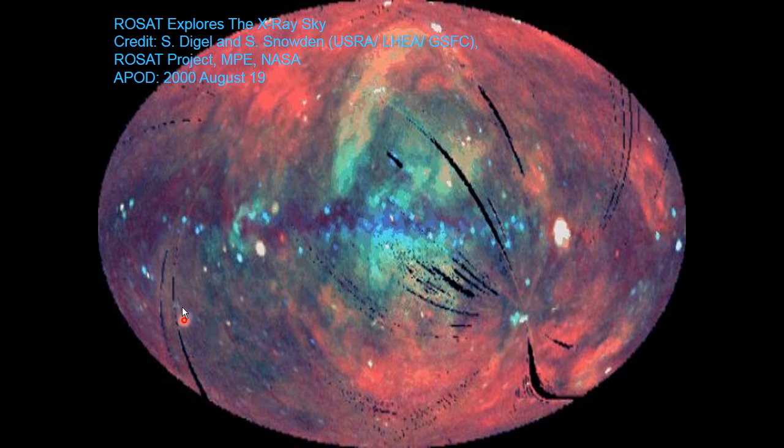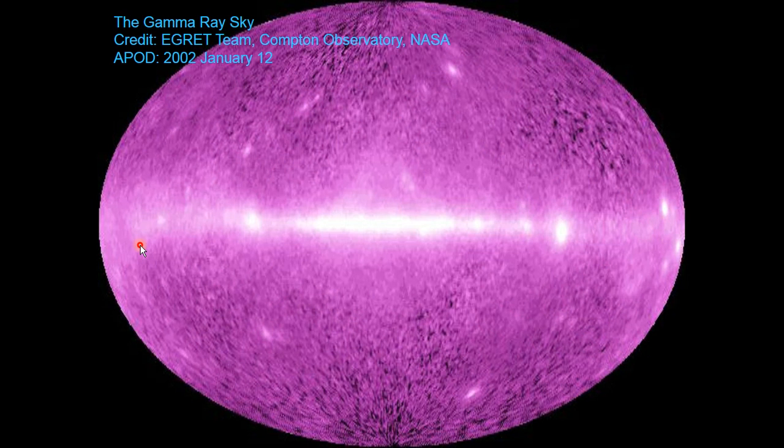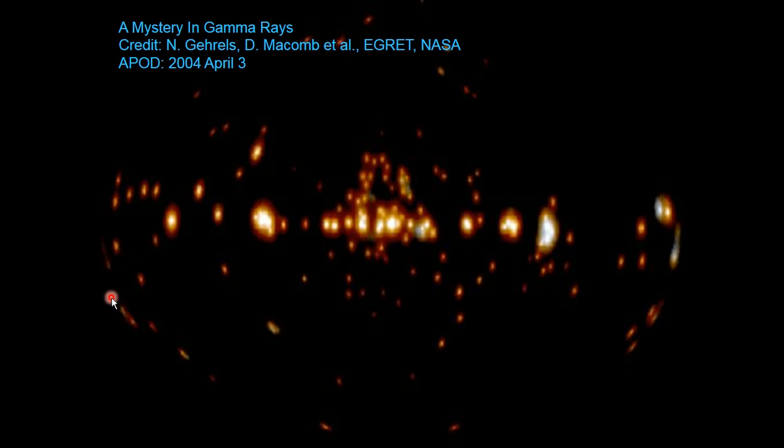All right, now we're seeing what's being produced in X-rays, and there's some streaks in this that aren't real; they're data artifacts. But you can see the brighter areas are where there's more energy, more light being produced in all wavelengths. And here it is in gamma rays, and you see the same sort of thing. There are some extra bright sources in gamma rays, and we're not sure why.